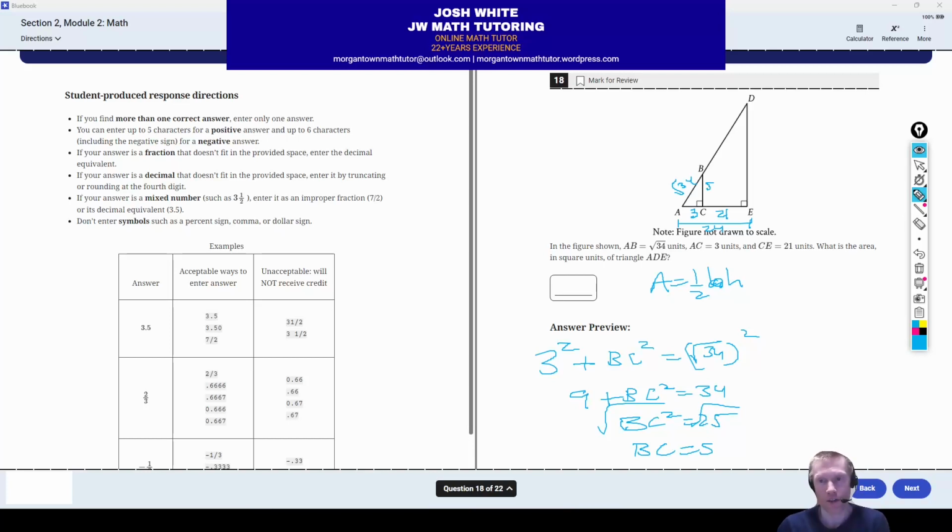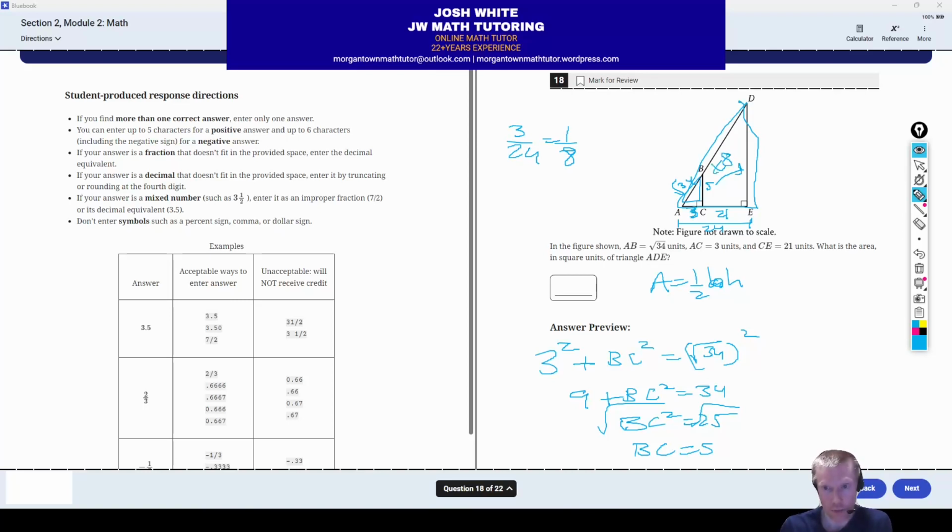Now, from here, there's technically 2 ways you could do it. What I think is the most straightforward way is to notice the scale factor between the small triangle and the large triangle is basically 3 to 24, or in other words, 1 to 8. To get from BC to DE, you have to multiply by 8.